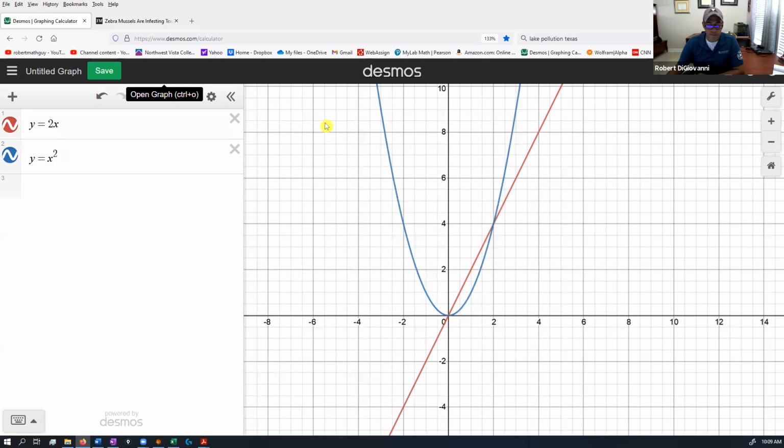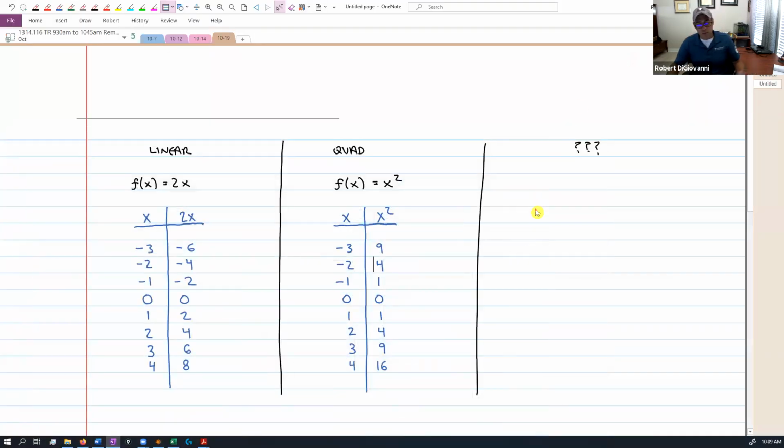So let's talk about this new function. And the way we're going to do it is kind of backwards. I'm going to create the table first without telling you what the function is. And what I want us to do is see if we can come up with what the function is, right?